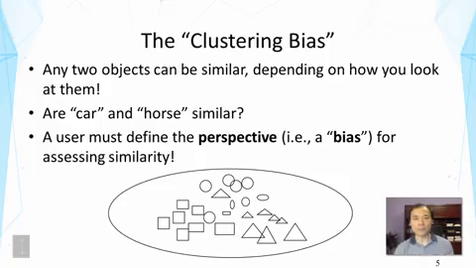And when you define a clustering problem, it's important to specify your perspective for defining the similarity that would be used to group similar objects. Because otherwise, the similarity is not well defined and one can have different ways to group objects. So let's look at a concrete example here.